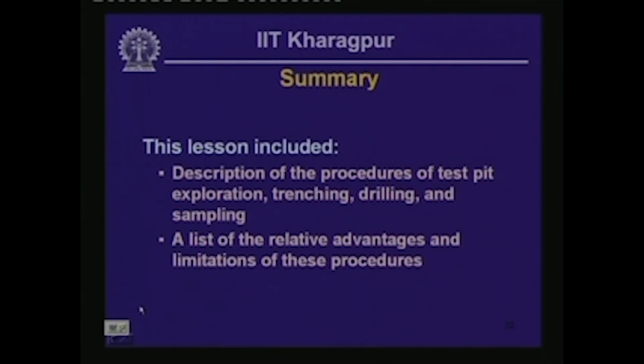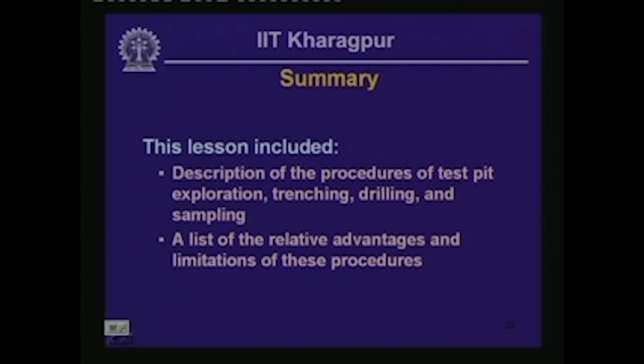Okay. Now, we try to summarize this lesson. What we learnt here is a description of the procedures used for intrusive testing. Then we looked at a list of relative advantages and disadvantages of different procedures used in intrusive testing.